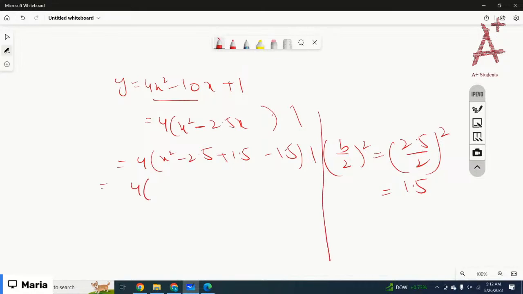It would be 4 times, this one makes a whole square, x minus 1.25 whole square. 4 times minus 1.5625 is negative 6.25, plus 1.